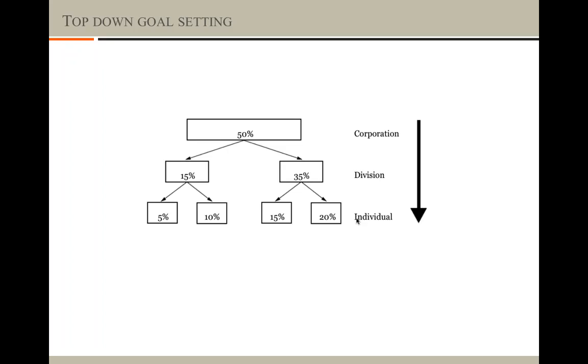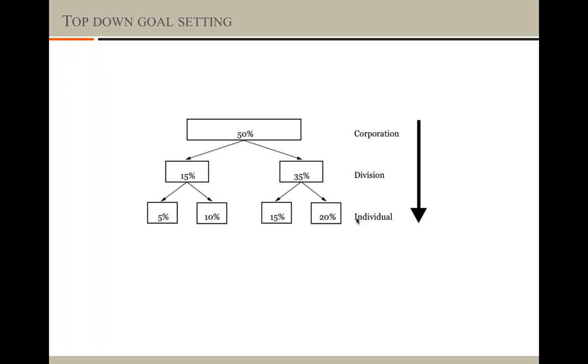At the division level, it is shared such that 15% is the goal for one of the departmental units, and 35% is the goal for the other departmental unit, and the total of this makes 50%. Now this 15% for one of the departments is further broken down into 5% and 10%, and similarly the other 35% is broken down into 15% and 20%.